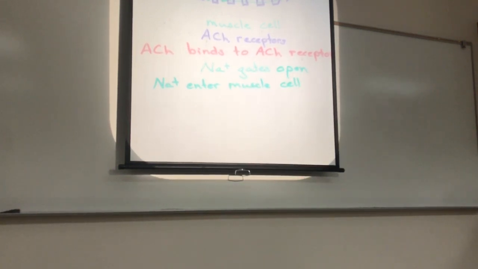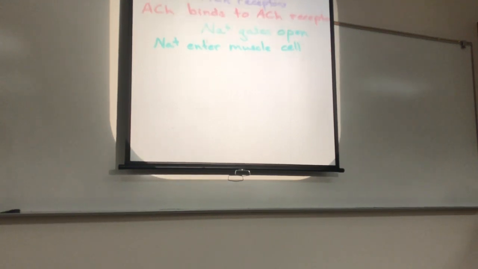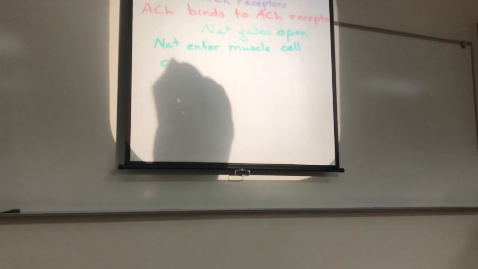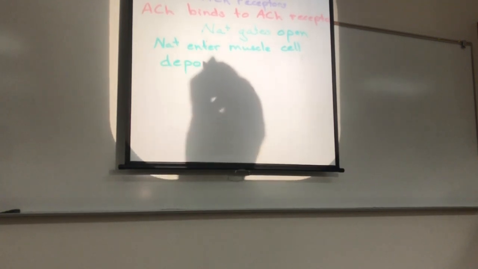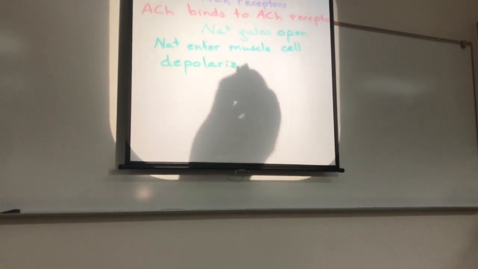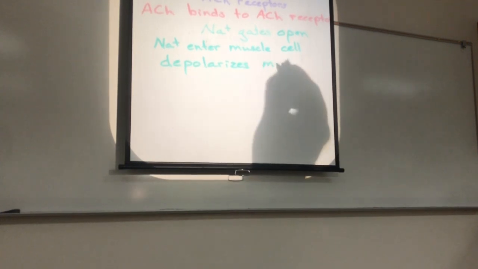Sodium ions are positively charged. So when the sodium gate opens, even if it's just very briefly, a few sodium ions are going to come into the cell, bringing with it their positive charges. That depolarizes the muscle cell just a little bit.